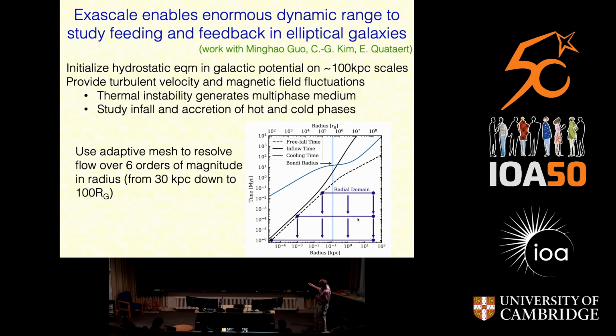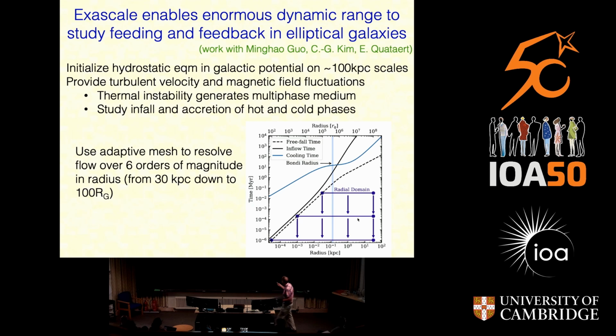An example I'll show is work from a student at Princeton, Minghao Guo, who's been doing these zoom-in calculations of galactic halos for elliptical galaxies. You start with a hydrostatic equilibrium in a 100 kiloparsec halo. You add some turbulence and some magnetic field, and you allow thermal cooling to generate a multi-phase medium, and you allow that to start collapsing, and you see what the structure of the flow is.